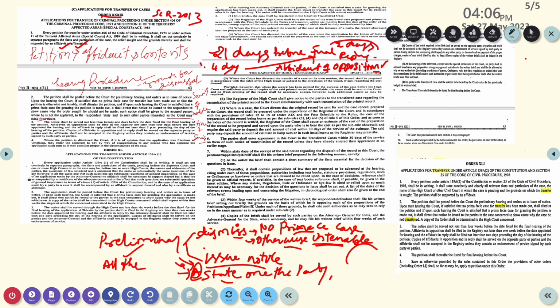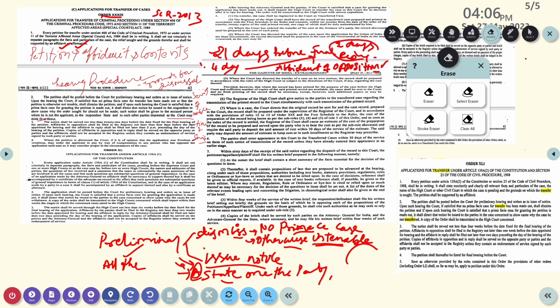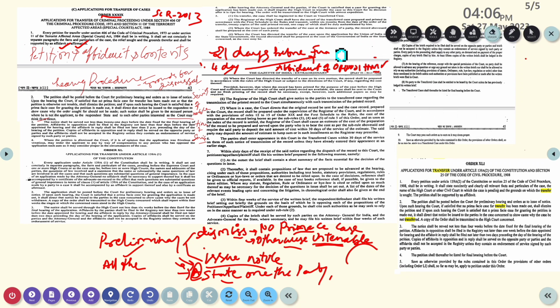Sorry, it is not 2 days here. The reply can be filed not later than 2 p.m. preceding the day of the hearing of the petition.